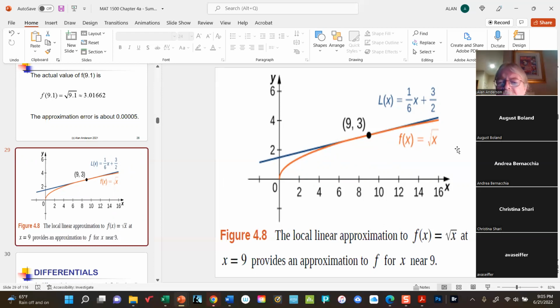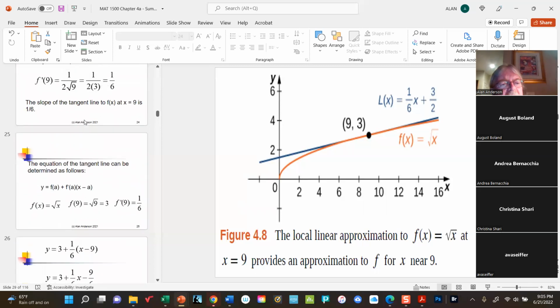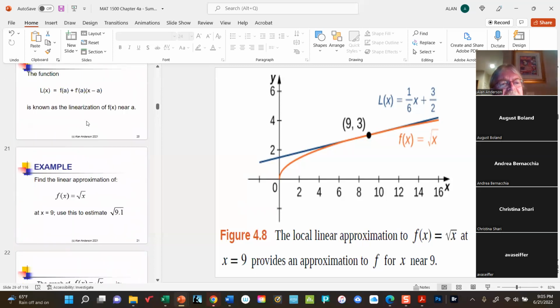Some functions lend themselves better to this type of thing than others. For some functions, it won't be very close at all, except right in that immediate vicinity. But for some, like this one, the approximation can work quite well over a wide range of x's. This is a fairly messy example, so maybe we'll save this one.